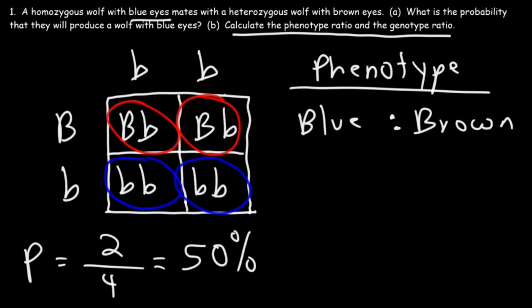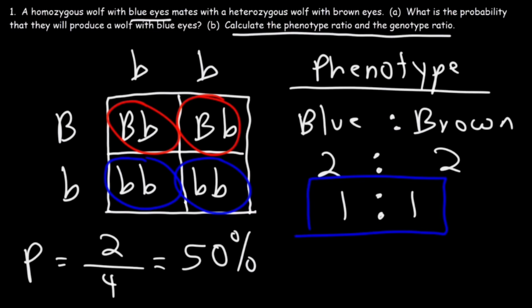So out of, let's say, 4 baby wolves, 2 of them will have blue eyes and 2 will have brown eyes, which I used the color red instead of brown for some reason. And so you could divide both numbers by 2 and thus you get the simplified ratio. So it's a 1-to-1 ratio. That's the phenotype ratio, blue to brown, or if you want to do brown to blue, it's still going to be 1-to-1.